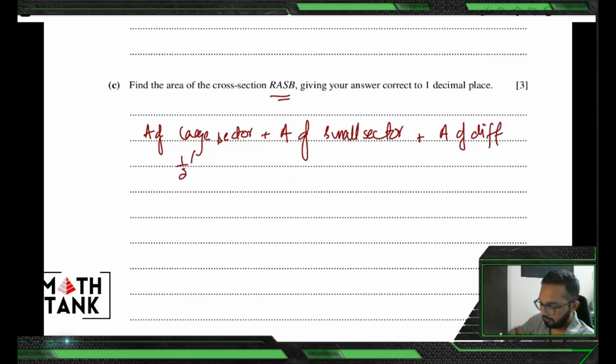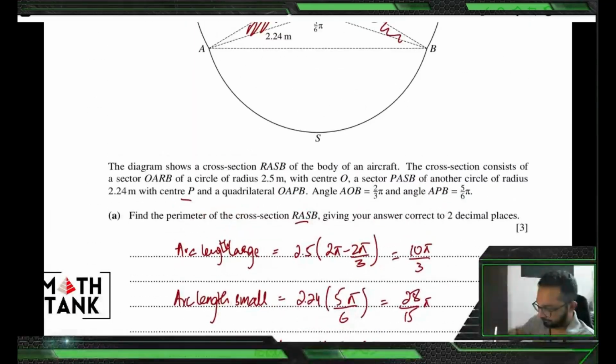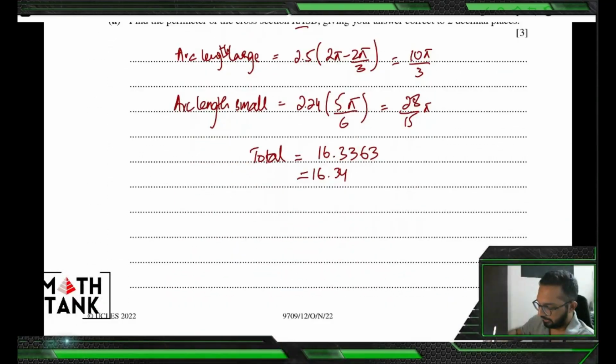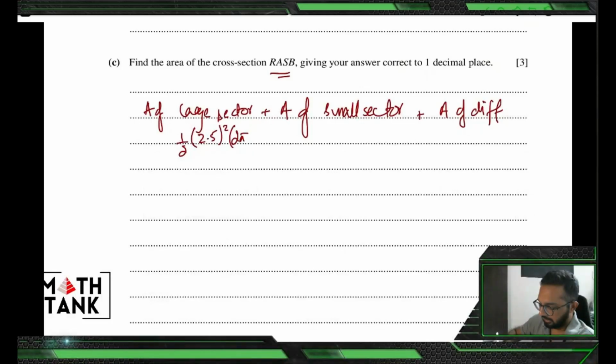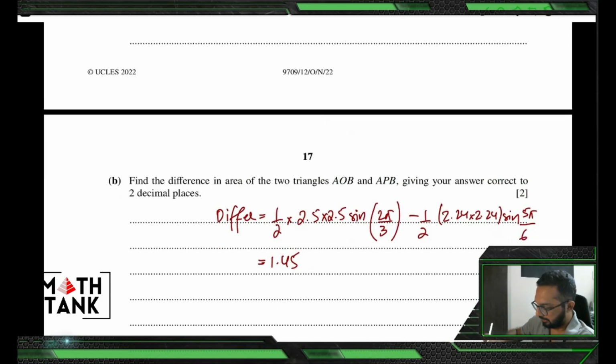So half r squared theta, where theta is the angle outside again, so 2 pi minus 2 pi over 3. Area of small sector is half r squared theta.